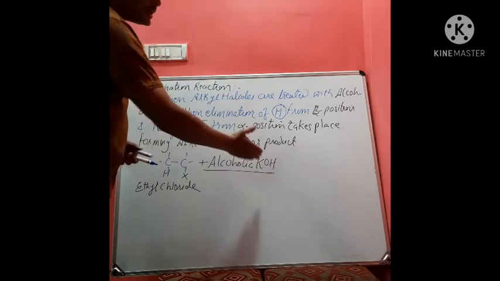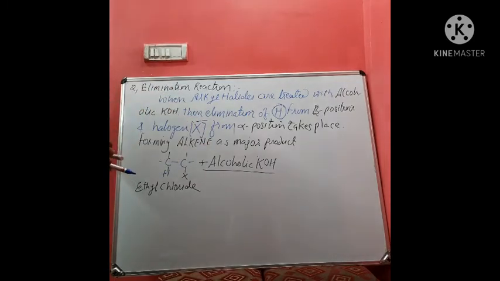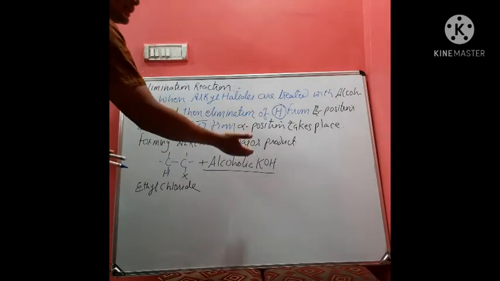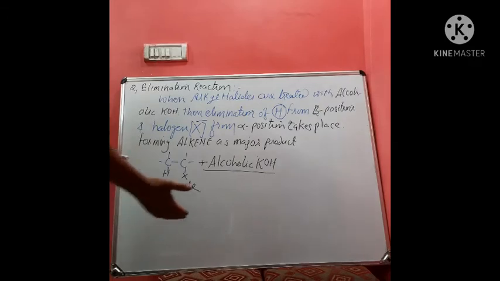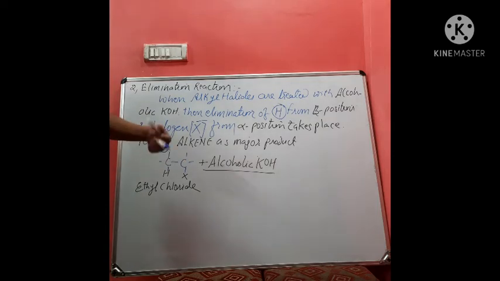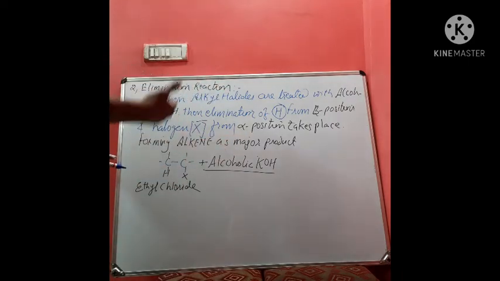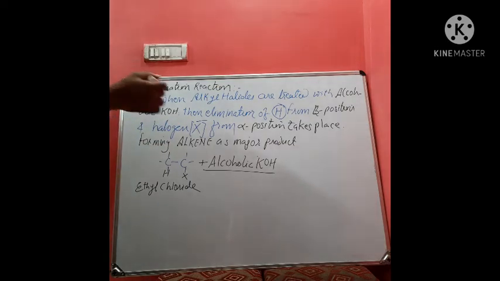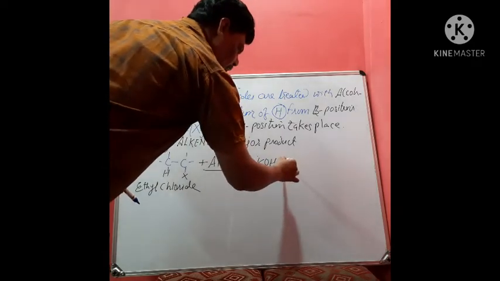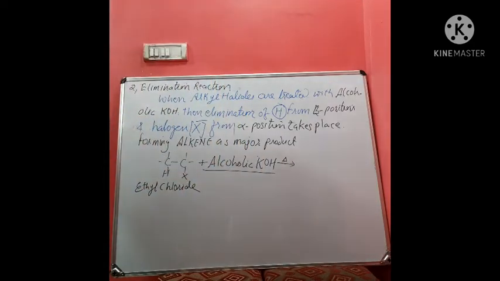We use its solution form, so we prepare its solution by adding alcohol as a solvent. Alcohol, like water, acts as a good solvent. So if we add alcohol, then this KOH solution is known as alcoholic KOH. Then on heating, it gives what?